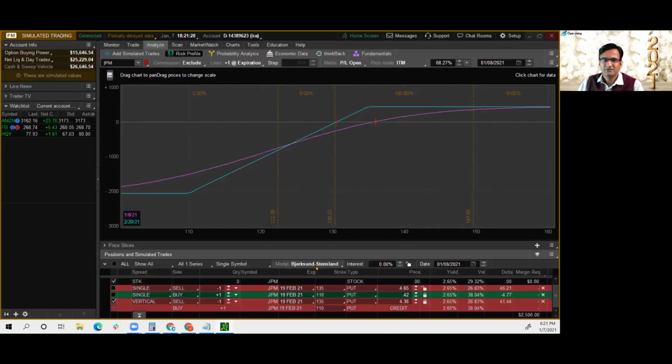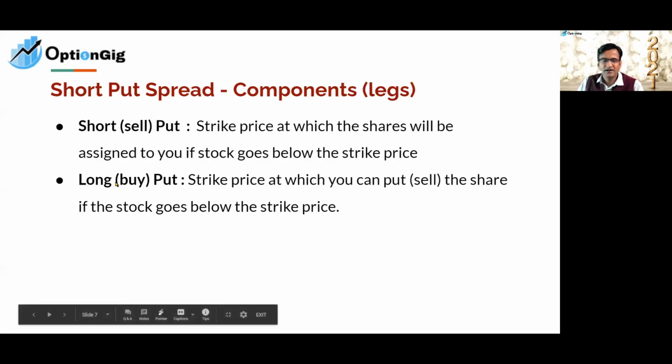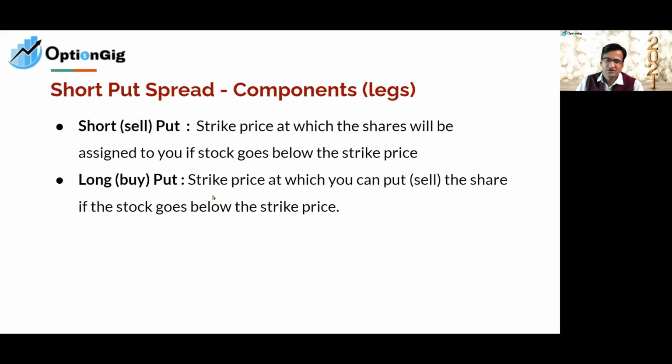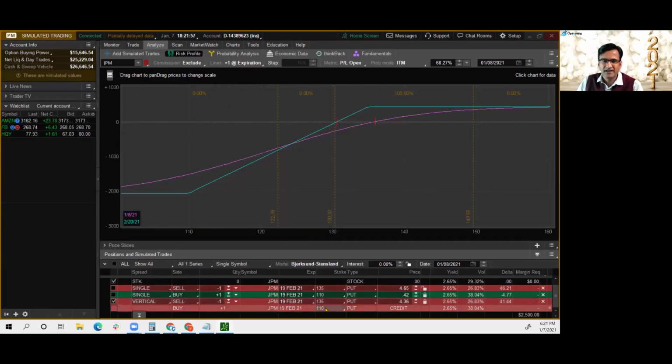Take this JP Morgan trade we did. I shorted a put at 135, meaning I gave someone the right to sell the share to me at 135. And then I bought a put. What if the stock goes to 100 or 80? I bought the right to sell the share at 110, because that is my long put.